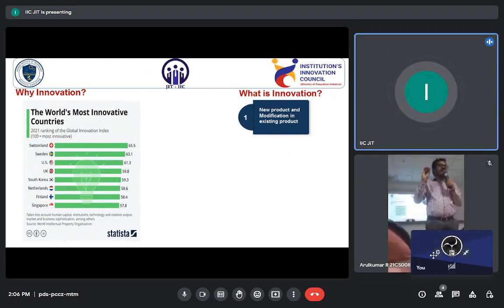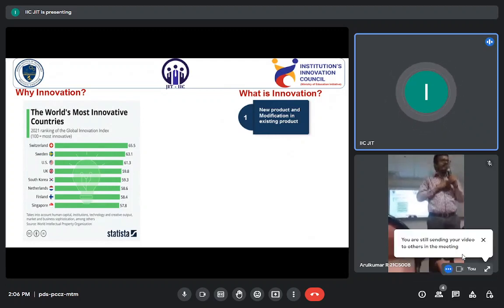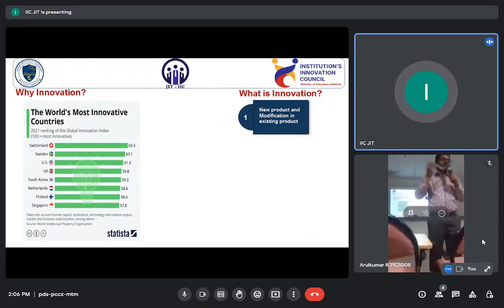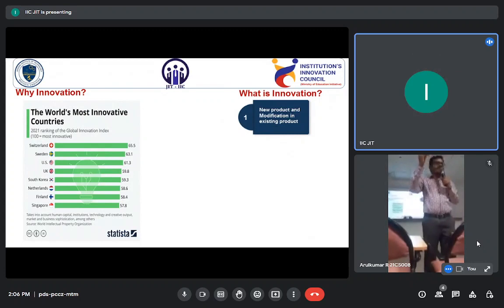What does innovation mean? It has commercial value. Only if the product has commercial value is it known as innovation. For example, one inventor finds a pen. The pen is used for writing purposes. When the first pen comes, that is invention.